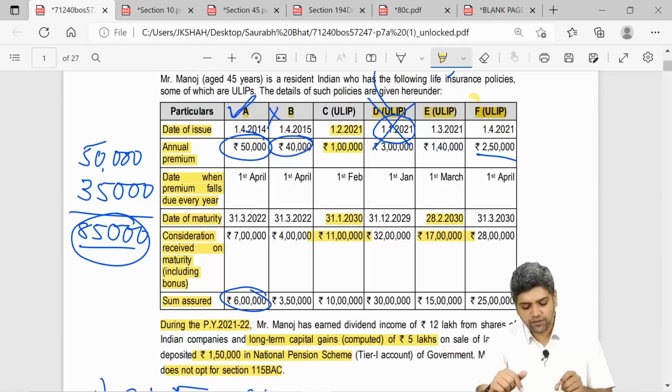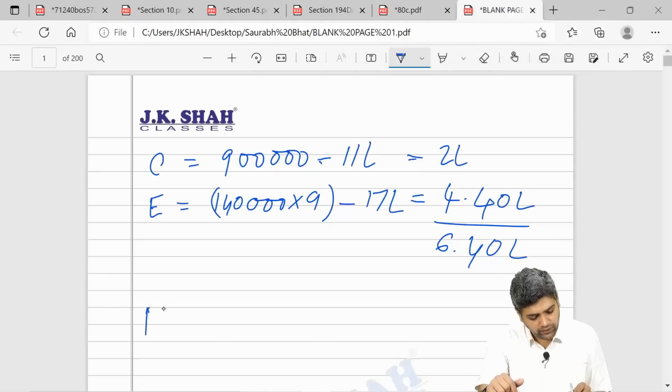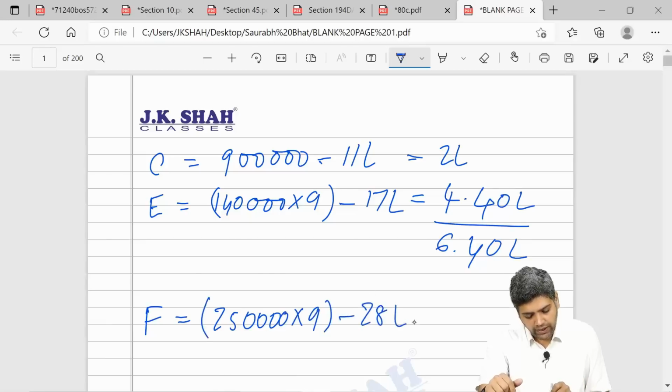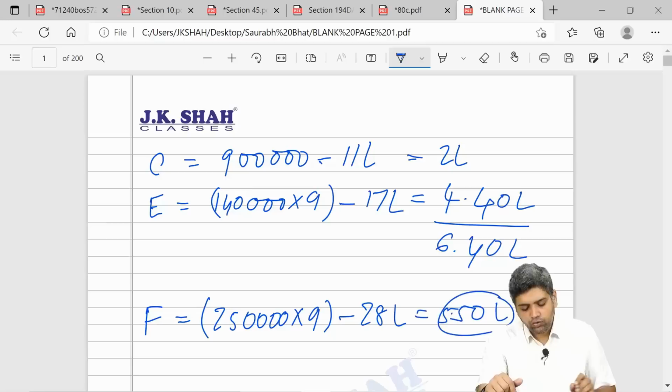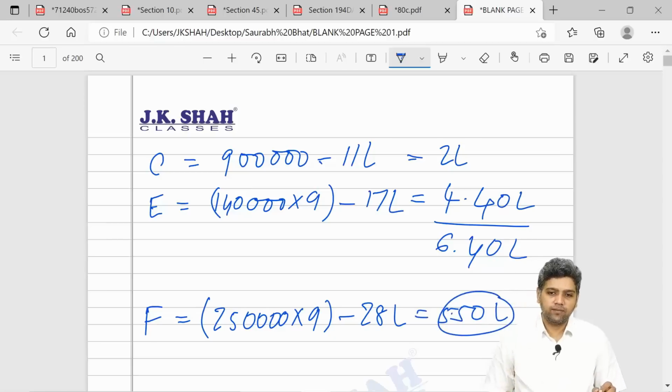For 9 years I invest 2,50,000 and I get an amount of 28 lakhs. So the gain arising is 5,50,000.